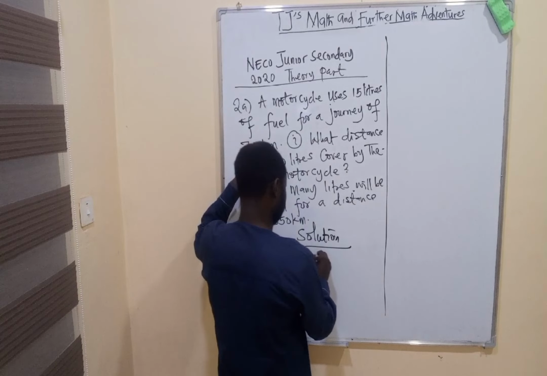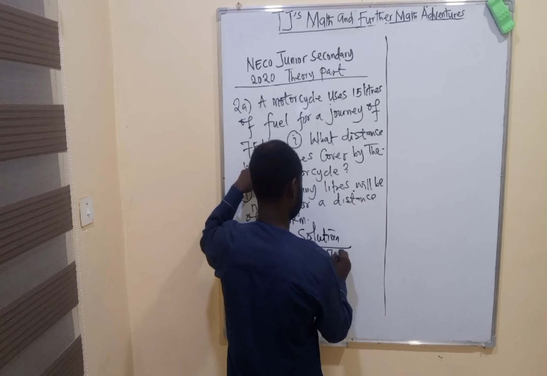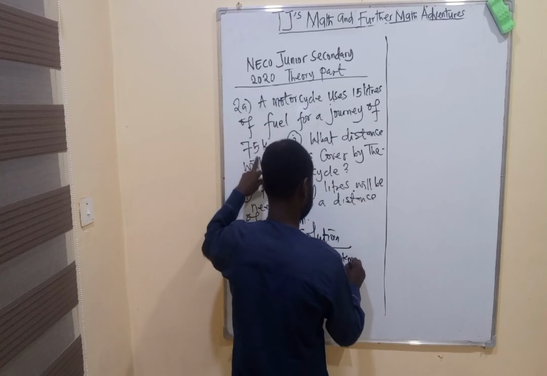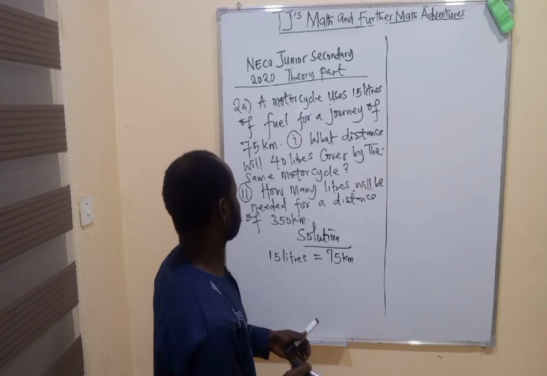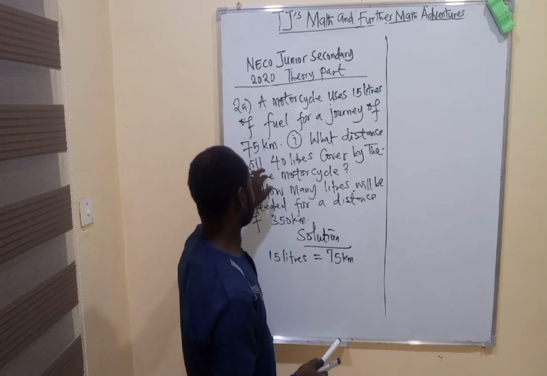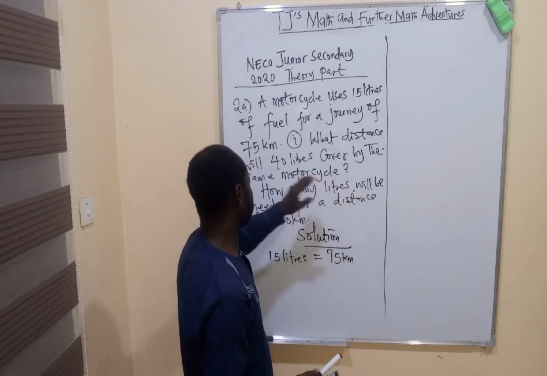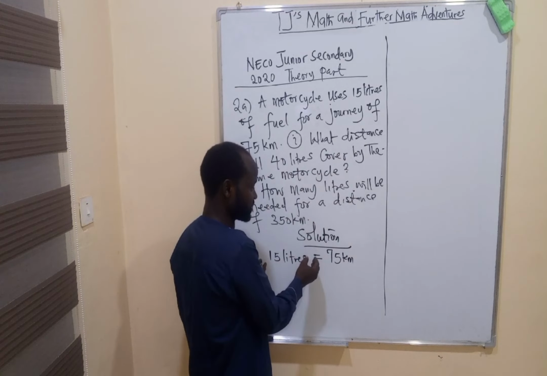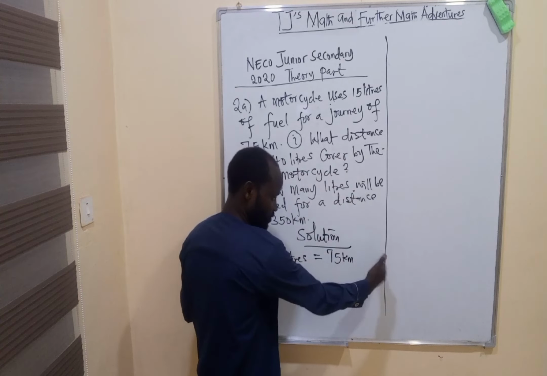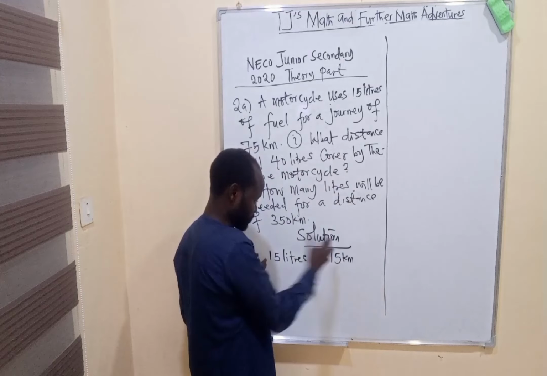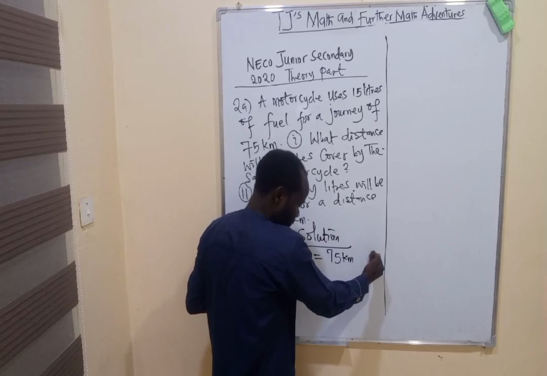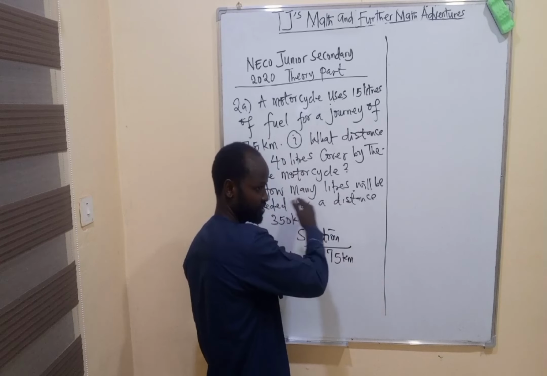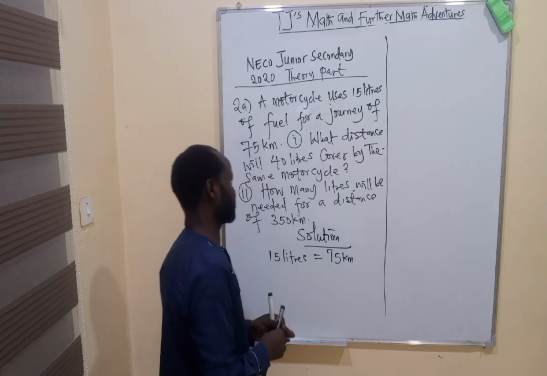So 15 liters will be equal to 75 kilometers. So the first question says, what distance will 40 liters cover by the same motorcycle? So we're looking for distance. Since we're looking for distance, we start with liters, then distance this way. If you're looking for liters, we start with distance, then liters, in that order.